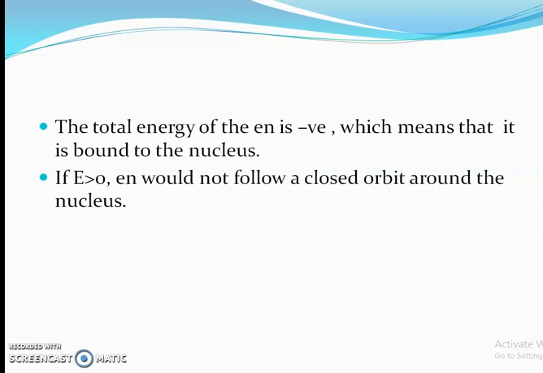If the electron had positive energy, what would happen? The electron would not follow a closed orbit around the nucleus. Positive energy means it is free, not bound. So here we conclude that the energy of the electron in a hydrogen atom is negative because it is bound to the nucleus. That is the significance of negative energy.